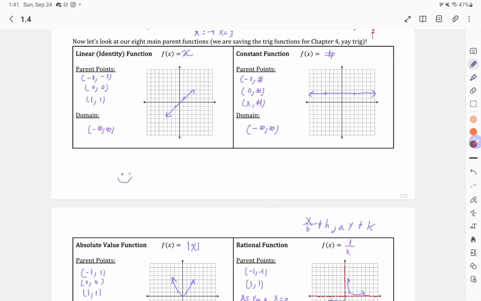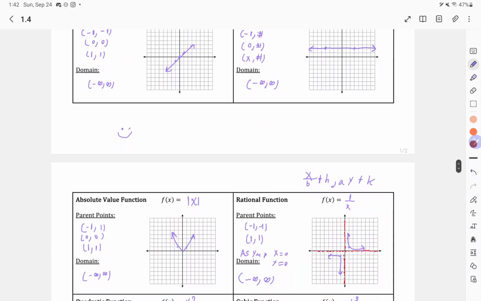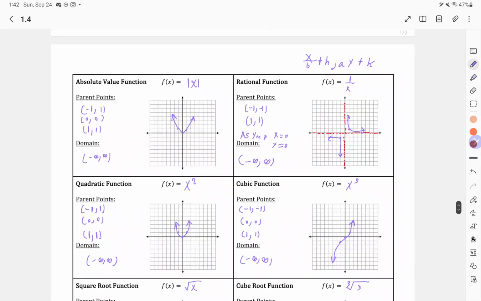Their domain is -infinity to +infinity. Constant functions are that number because they're a specific number on the graph. Their parent points are -1 to that number, 0 to that number, and 1 to that number. And domains are -infinity to +infinity.